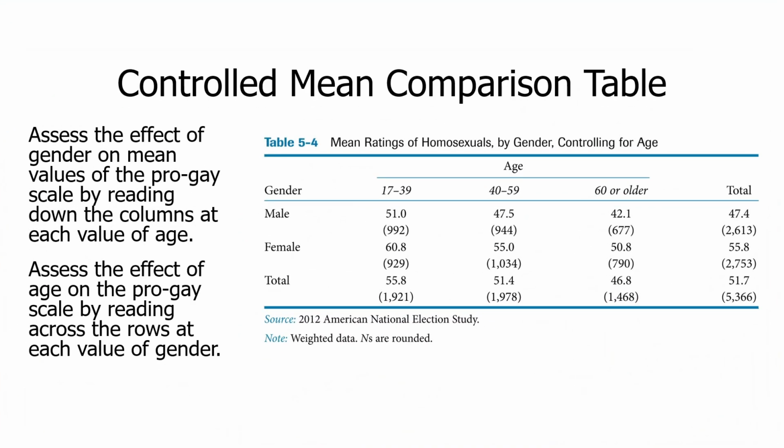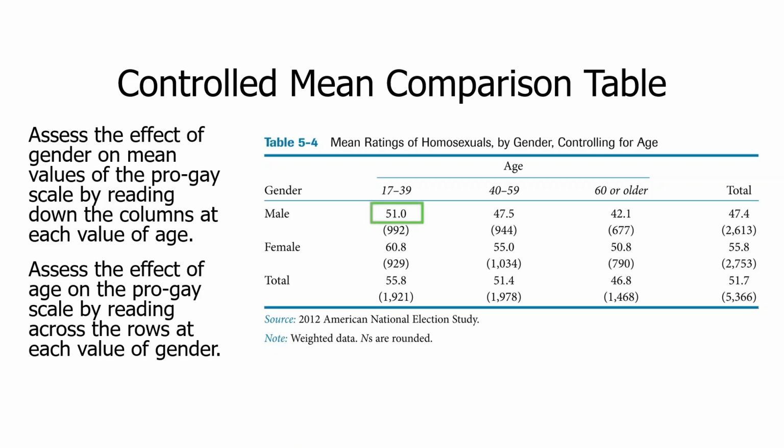Okay, now this is a mean comparison table that compares mean values of ratings of homosexuals by gender, controlling for age. Let's orient ourselves here a little bit, because mean comparison tables take a different format than cross tabulations. The independent variable, gender, is represented on the rows. So for example, we would compare this mean, this is the male mean, 17 to 39-year-olds, the youngest cohort.